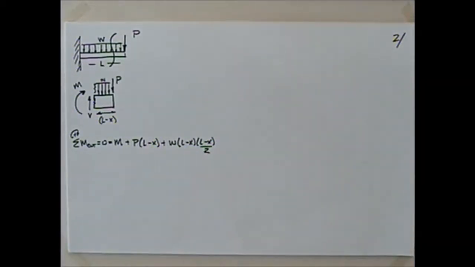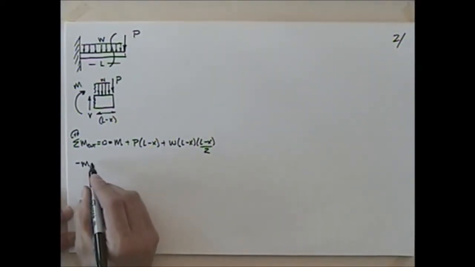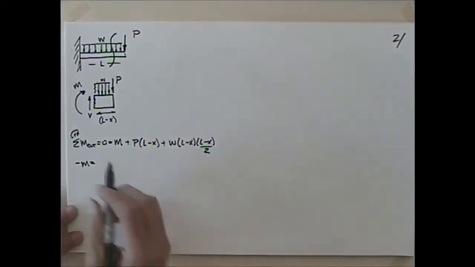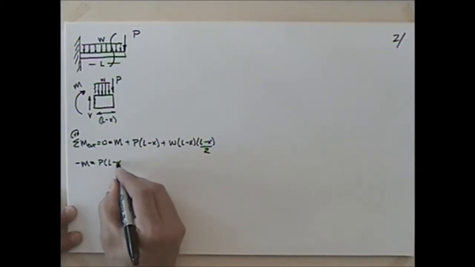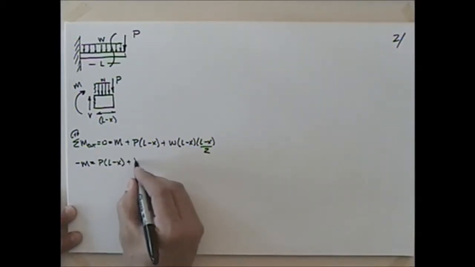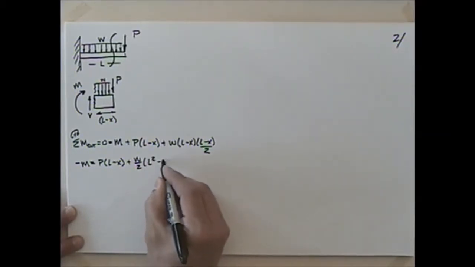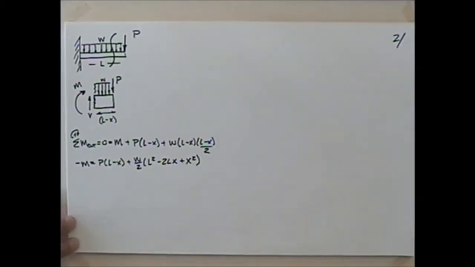So that's what I would have there. I could say then that this is minus M, moving the M over to the other side. Now it should be handy because our equation deals with minus M for the deflection, which is equal to P times the quantity (L minus x) plus w over 2 times L squared minus 2Lx plus x squared. It's a little bit of algebra there as I square those pieces.